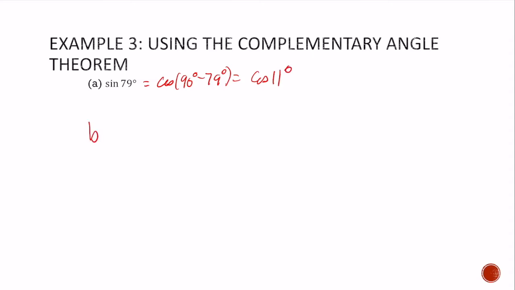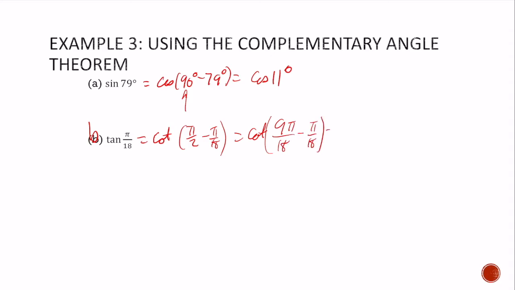For B, tan of pi over 18 is the same as cotangent of pi over 2, which is 90 degrees, minus pi over 18. So I get cotangent of 9 pi over 18 minus pi over 18, which is the cotangent of 8 pi over 18, which is the cotangent of 4 pi over 9.